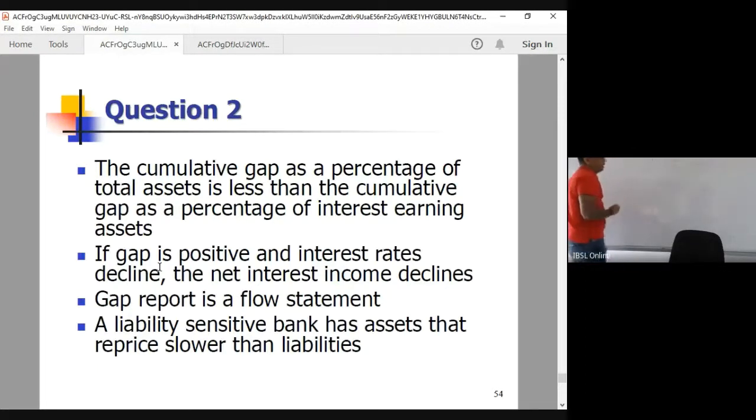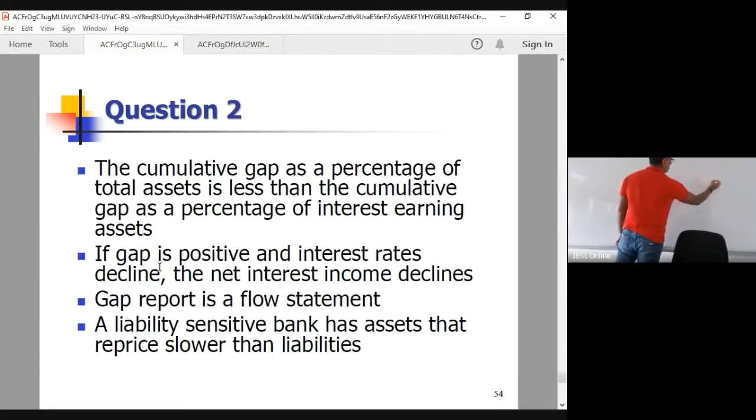Okay, and then the gap is 50. Doesn't matter, plus or minus, right? So then, what is it saying? Cumulative gap as a percentage of total assets. So total assets, cumulative gap. What's the percentage? 50%.